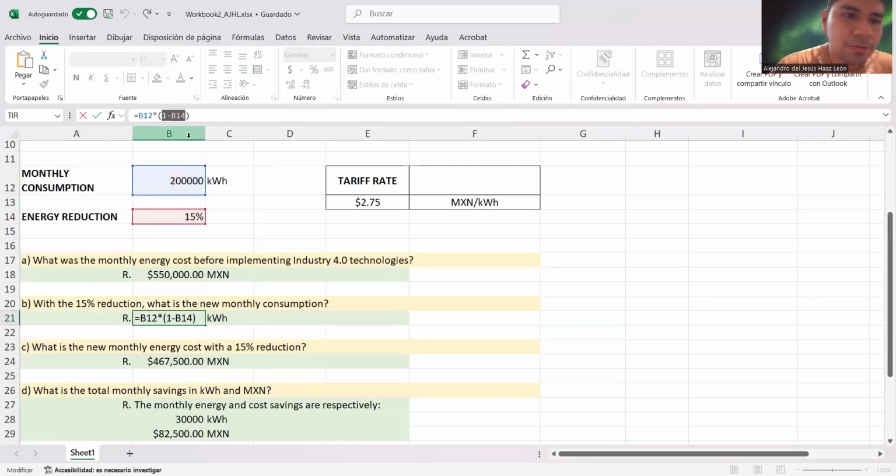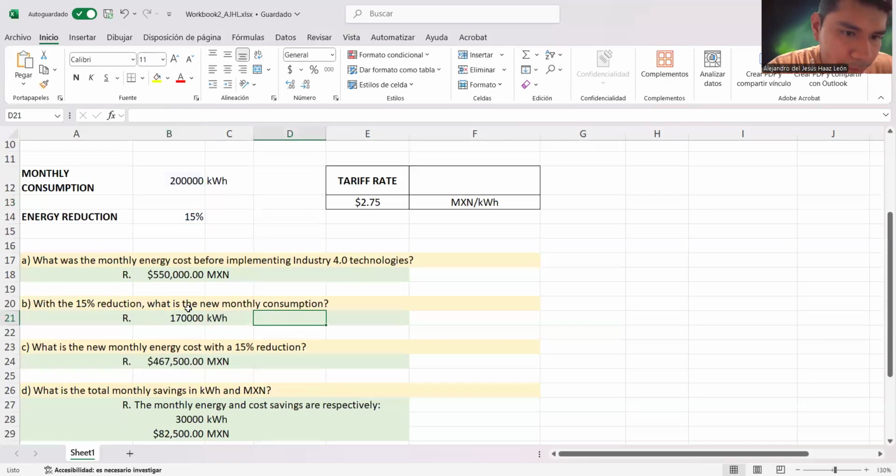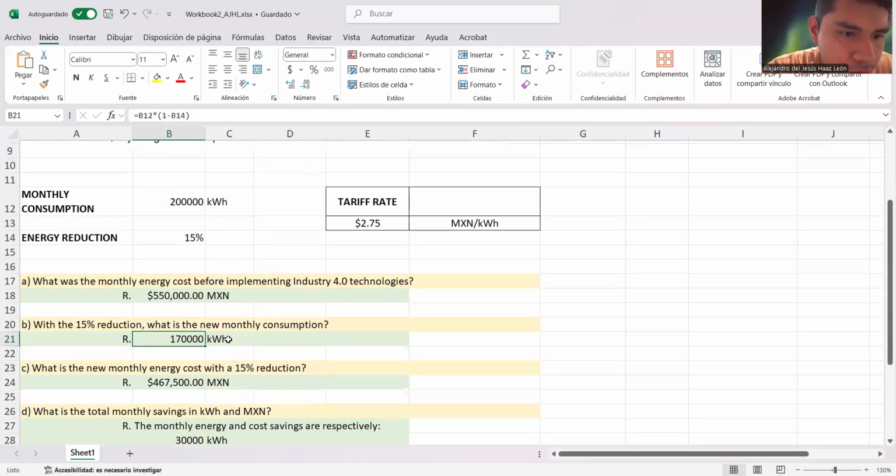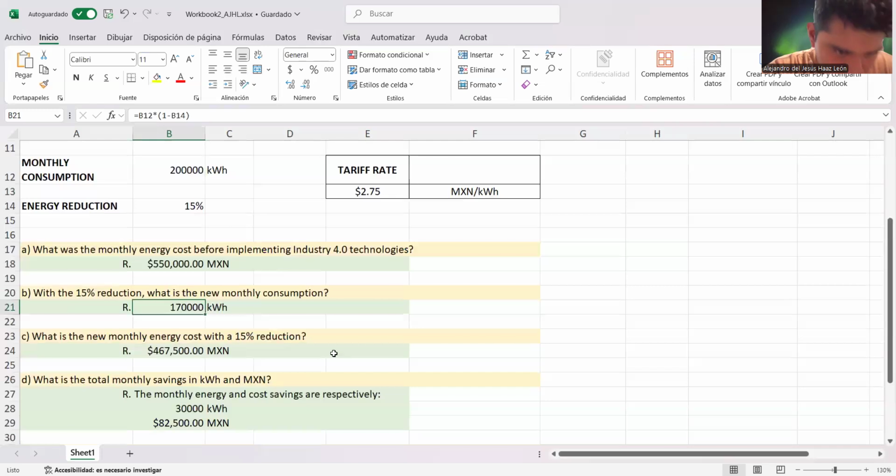So we subtract this in order to have the real percentage that we have now as new monthly consumption. So we have this. The new monthly consumption is about 170,000 kilowatt hours. So that's the new monthly consumption.